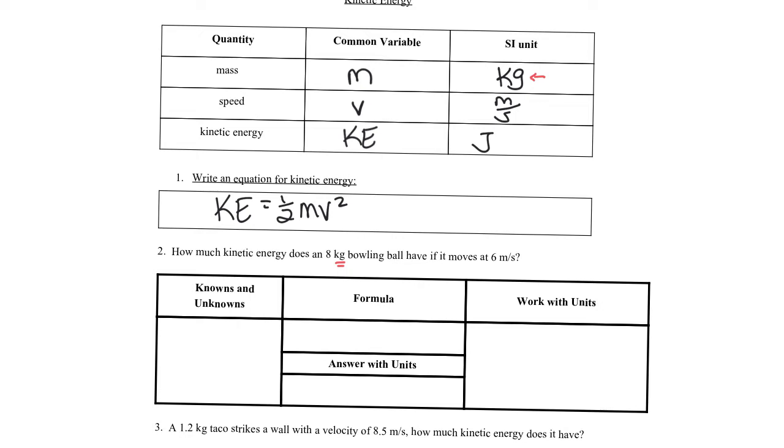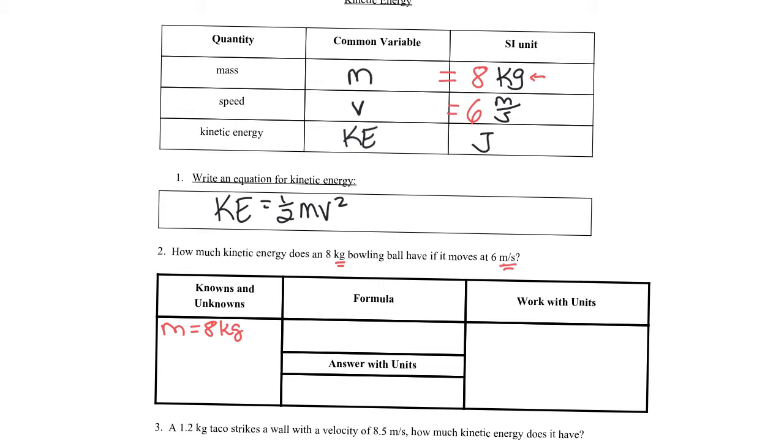So I see 8 kilograms, so I'm going to write an 8 in front of kilograms, and then an equals here, and then there's my variable. So m equals 8 kilograms. Okay, I see a meter per second, and it's 6 meters per second.